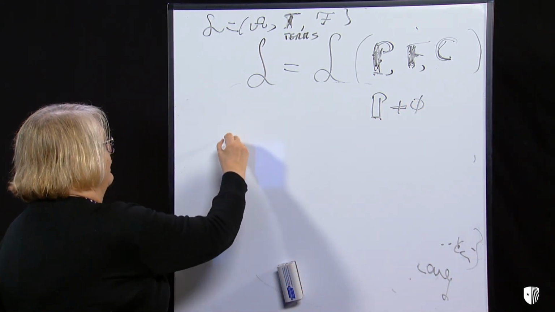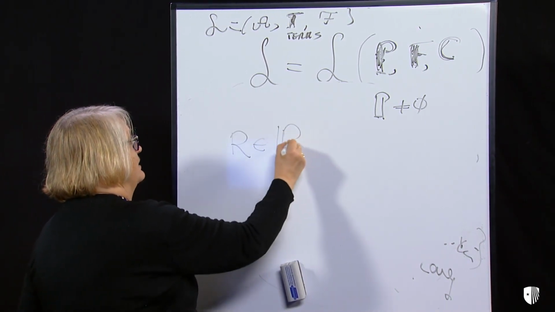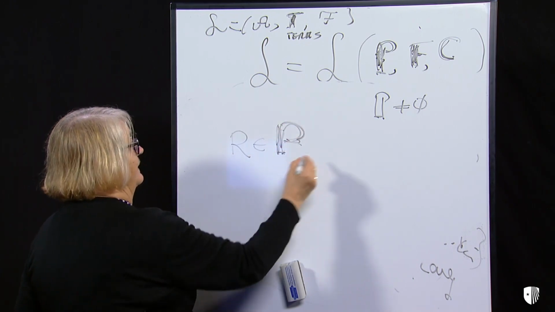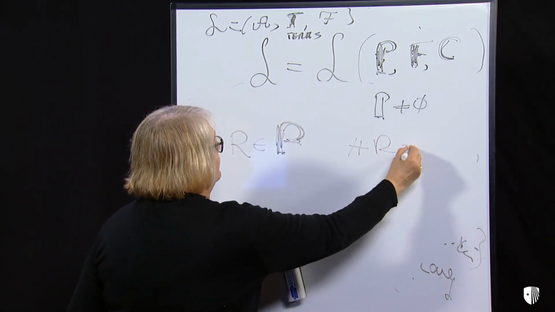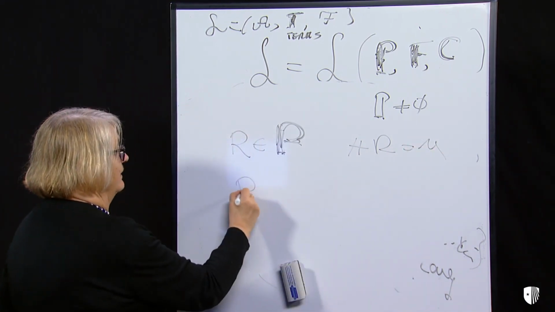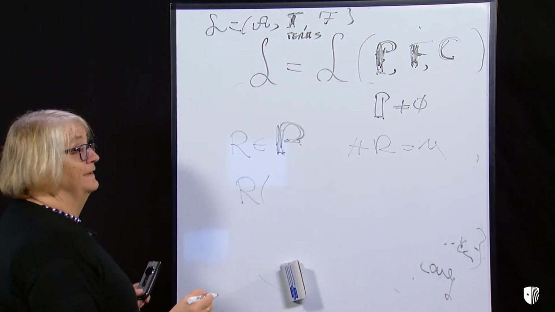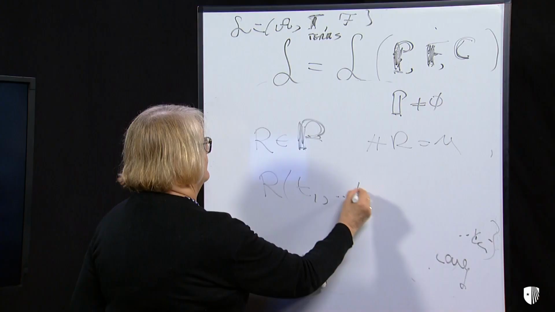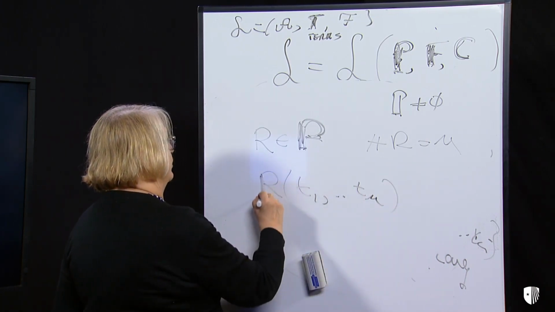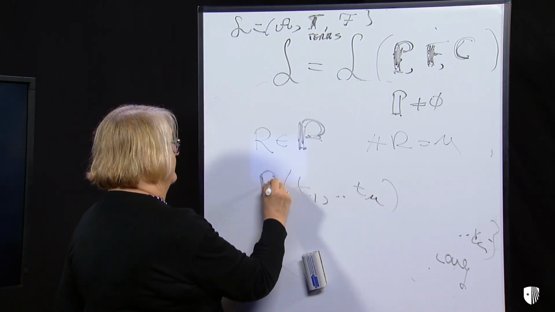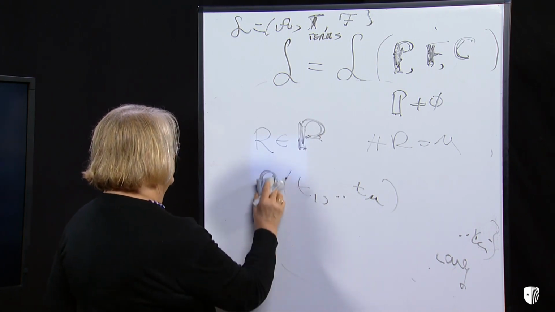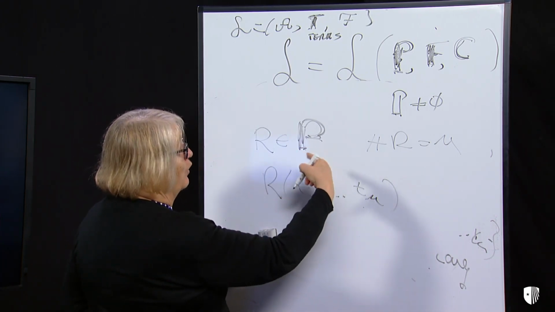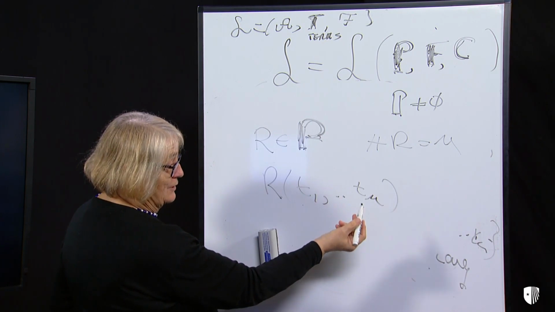So if you have R in P, a relational symbol, say an n-argument one, then R(t1, ..., tn) is an atomic formula, where t1, ..., tn are terms. This is a relational symbol acting on terms. You know that the set of terms is always non-empty.